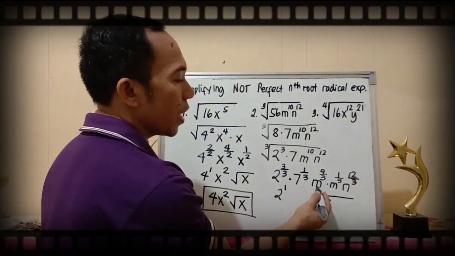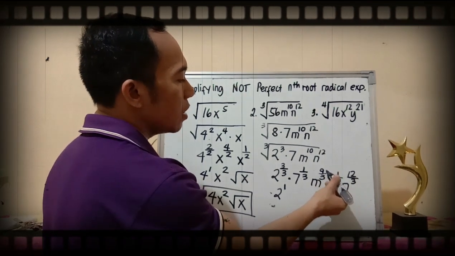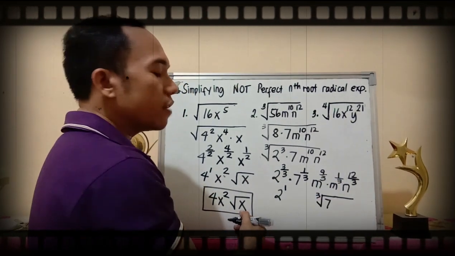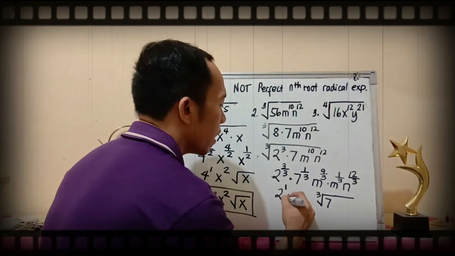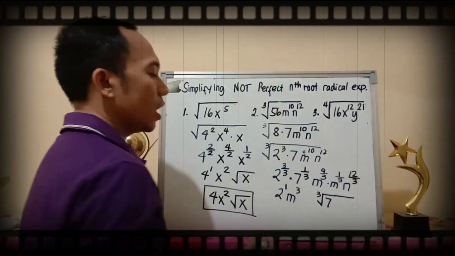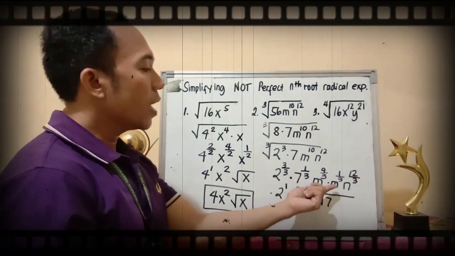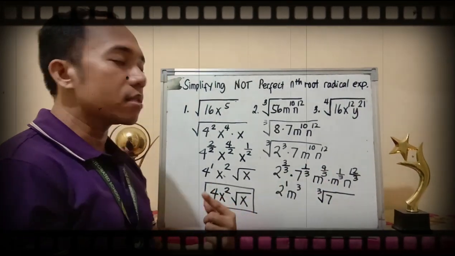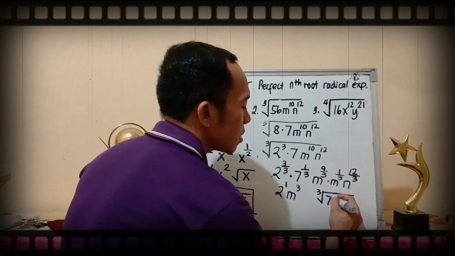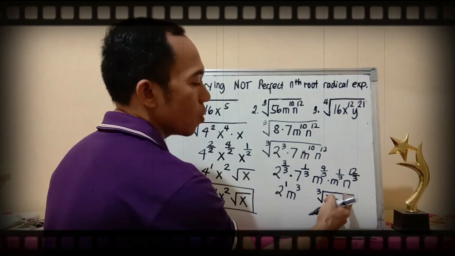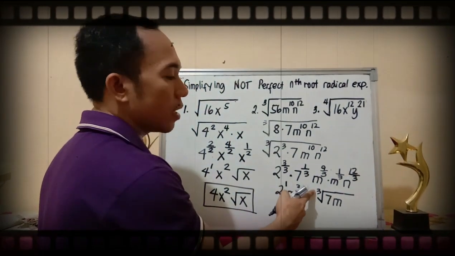Next is your m. m is 9 over 3. 9 divided by 3 is 3. So you have m raised to 3. It will be put outside the radical sign because this is perfect. And m raised to 1 over 3 is not perfect, so put it inside, m raised to 1 over the index 3.